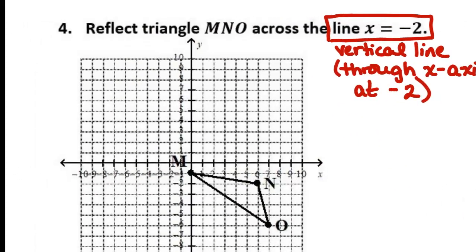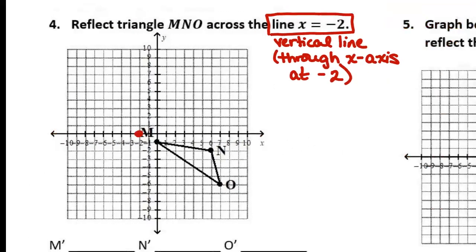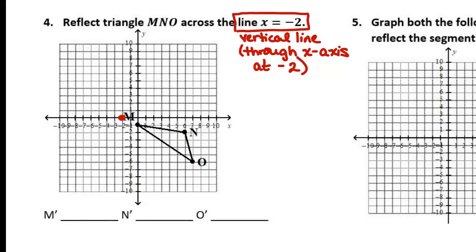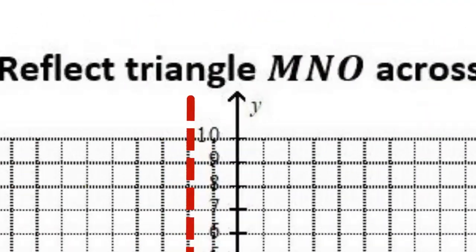So I go find -2 on the x-axis. That's right here. And I'm going to do a dotted vertical line through that point. Do it a little bit better. There we go. This is x equals -2.